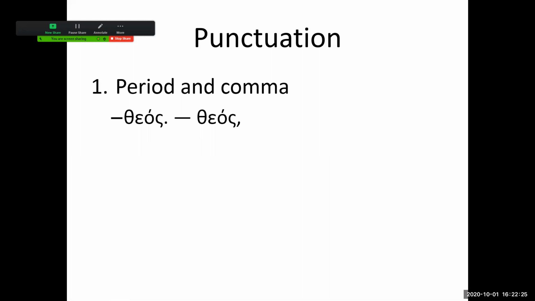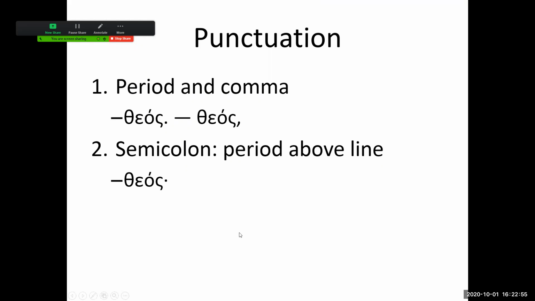These are the same as we use them in English. Just remember that there were no periods and no commas when Paul was writing, for example, Galatians. So maybe sometimes an interpreter might disagree with another interpreter as to where the end of a sentence comes, especially in Paul because he likes to write long sentences.